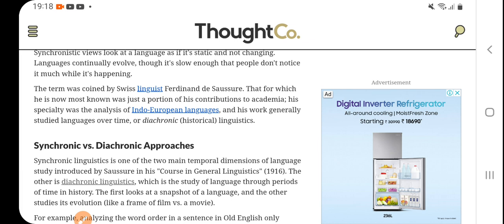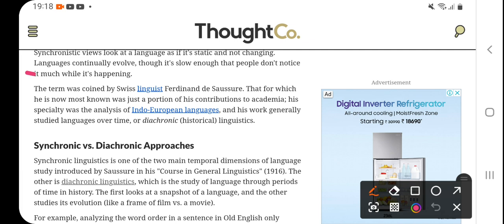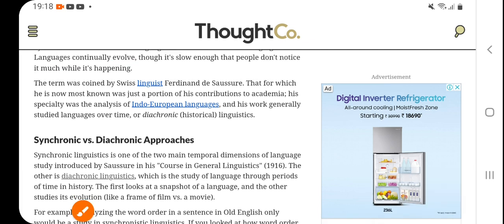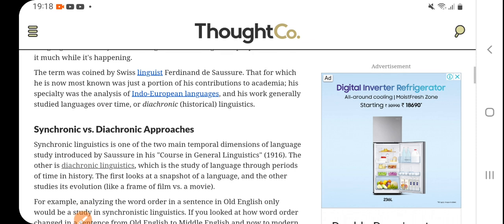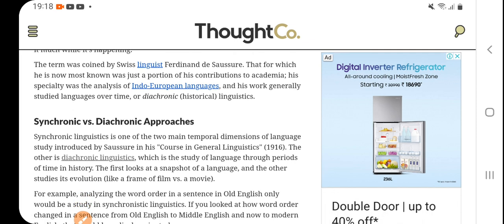Language continually evolves, though it is slow enough that people don't notice it much while it's happening. Still language is being changed, but the process is very slow. That's why it is not noticeable.